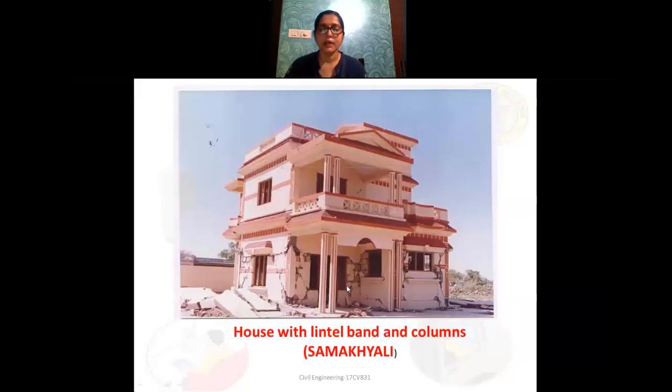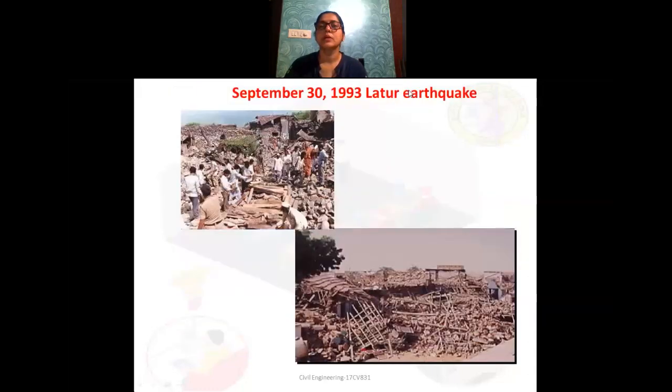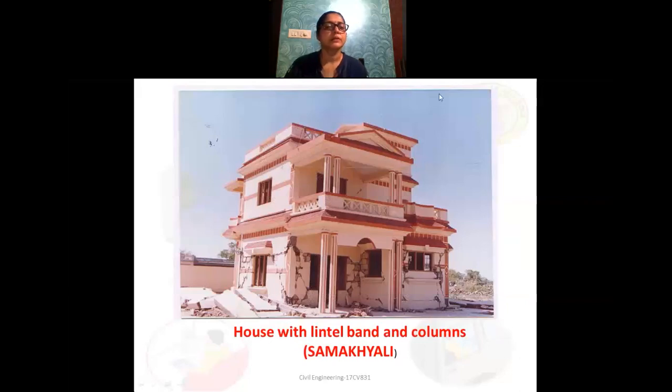And here you can see a house with lintel bands and columns, and how it has behaved. So here we can see that lintel bands are provided for the entire building, but during the earthquake the building has not collapsed.